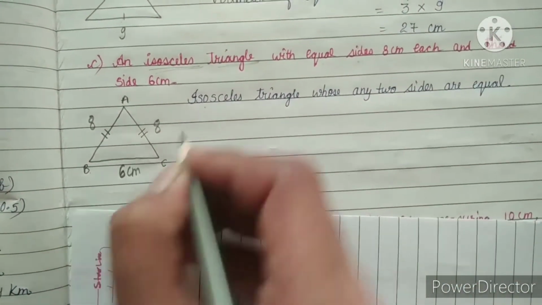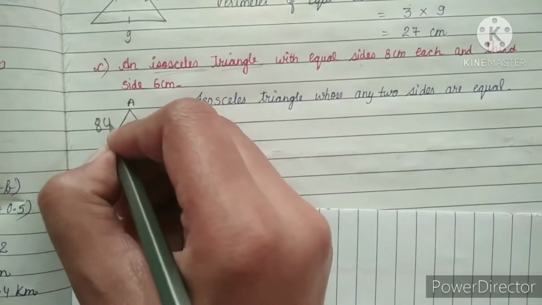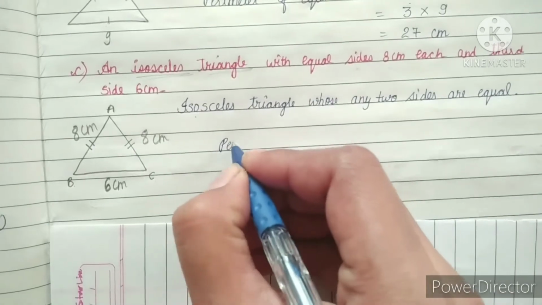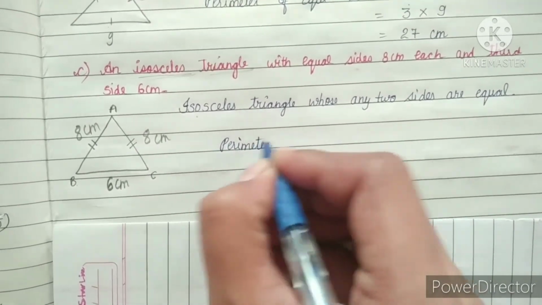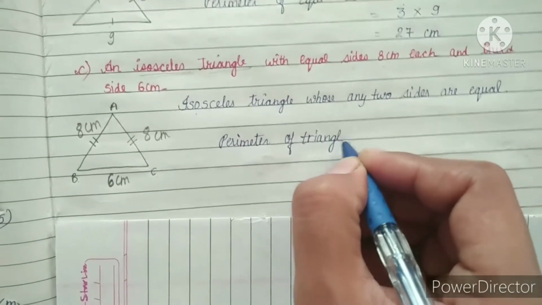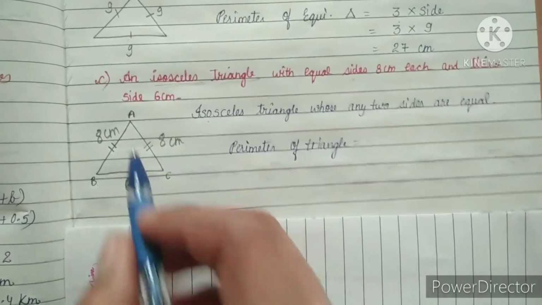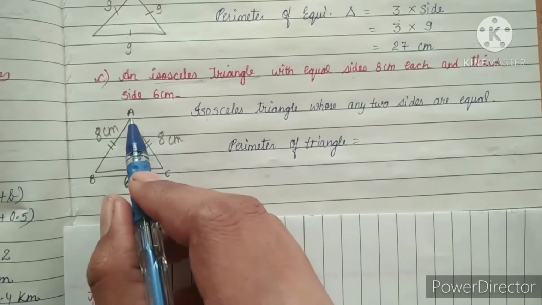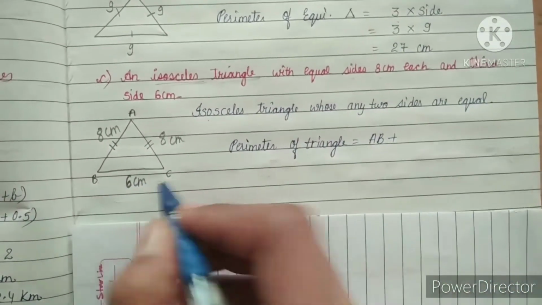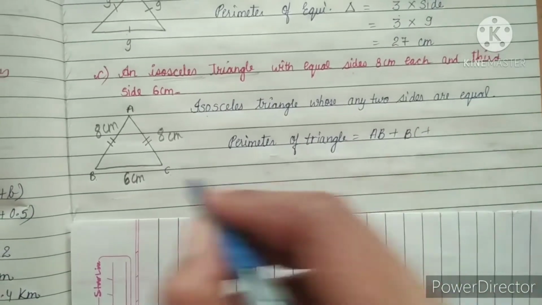Now we have to find its perimeter. So simply, the perimeter of a triangle is the sum of all sides. For making it, we go with AB plus BC plus CA.